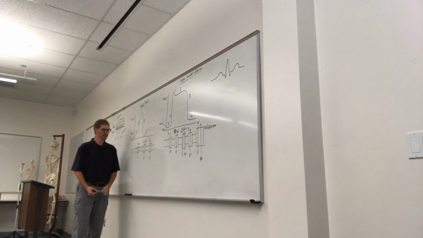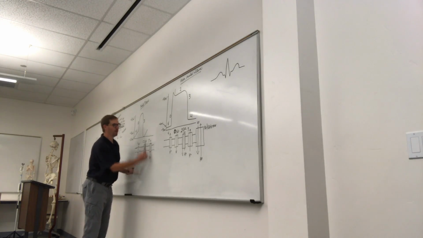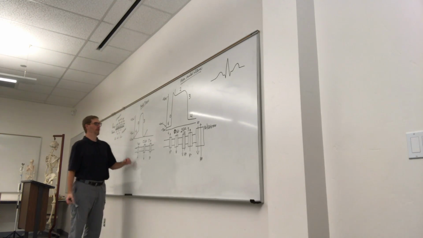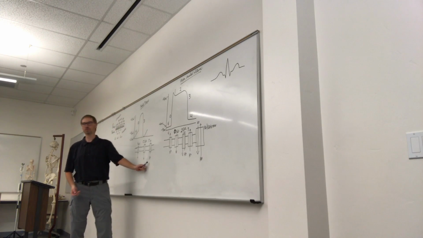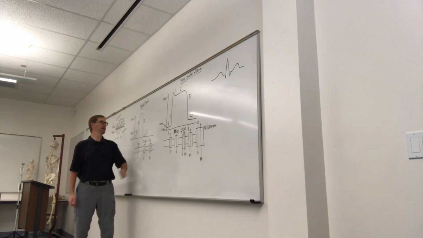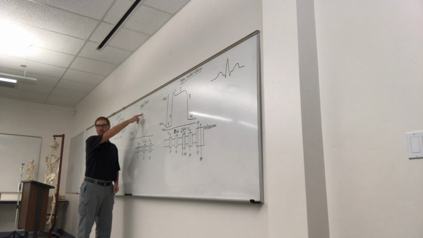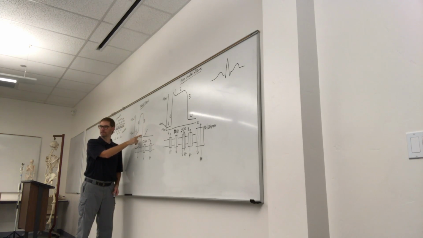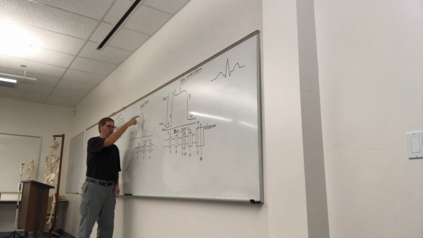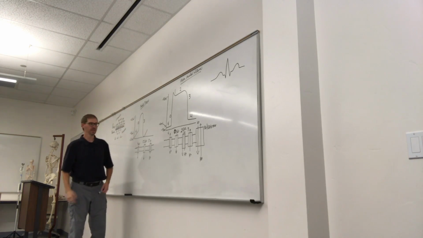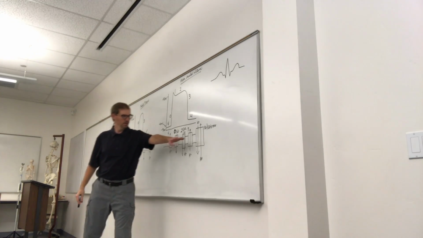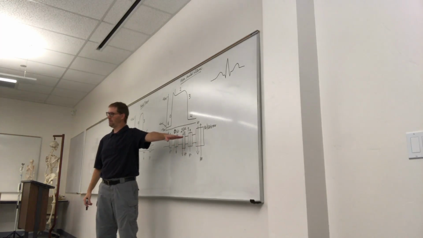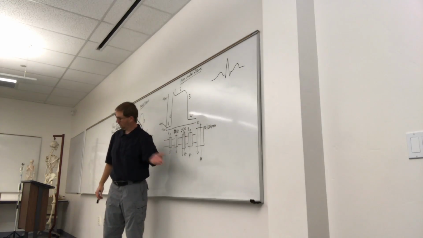So what happens is potassium rushes out of the cell, and so I have what kind of charge moving out? Positive charge. So what's going to happen to the membrane potential? It's going to drop down, right? Make sense? It's going to drop down as potassium leaves, and then you have the sodium-potassium pump working, okay?